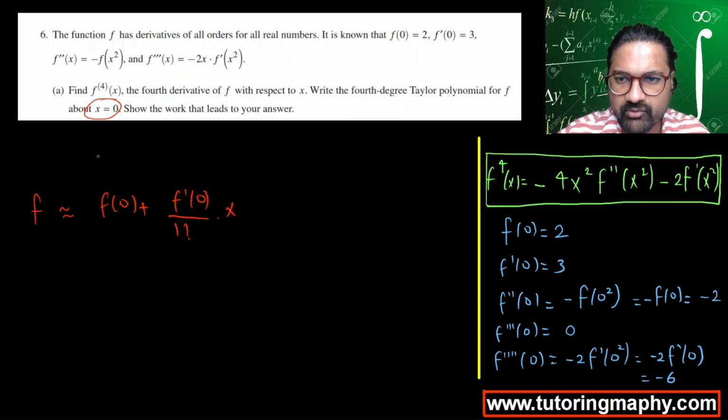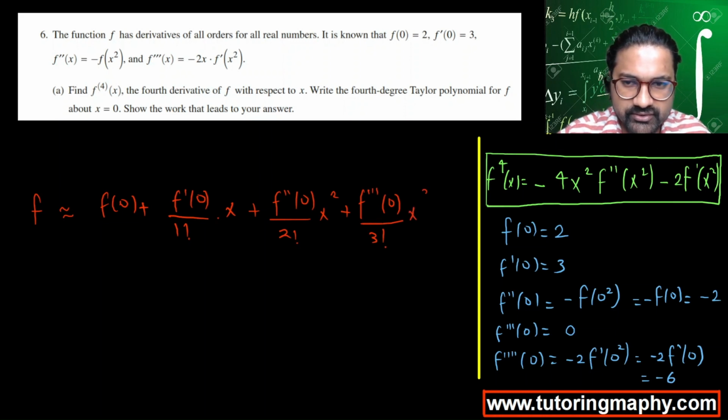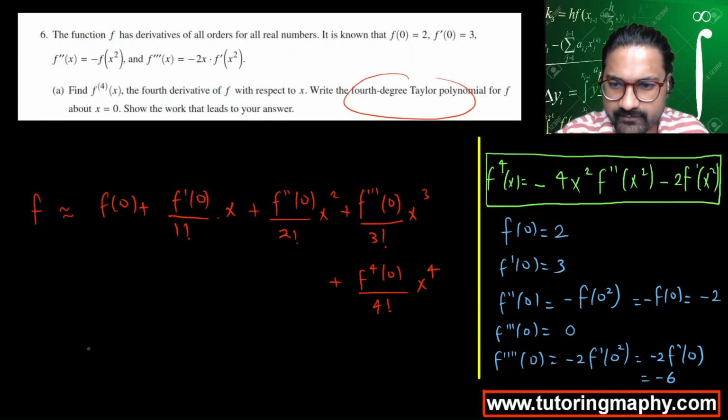Because I'm finding about 0, so I don't really care about x minus 0, it's just x. Plus f double prime 0 over factorial 2 x square plus f triple prime 0 over factorial 3 x cube. Right on the next line, the fourth derivative of f at 0 over 4 factorial x raised to 4. And this is where we need to stop because they are asking for 4th degree.